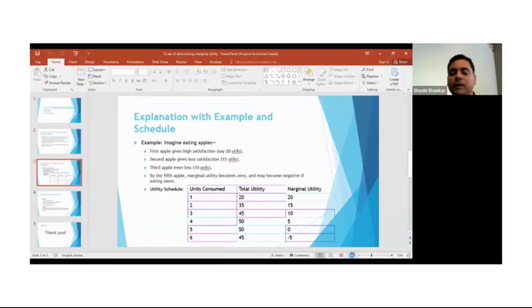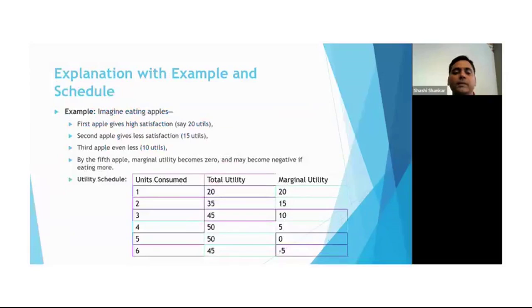Moving to the next, that is the explanation. Here I can explain with an example. Suppose a person eats apples. The first apple gives the highest satisfaction, say 20 utils, just a hypothetical example, right?